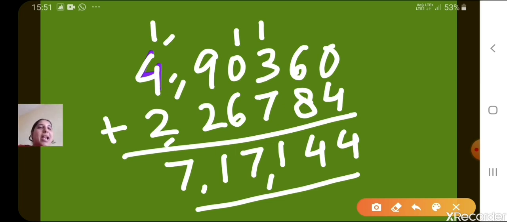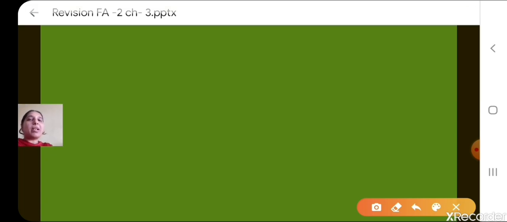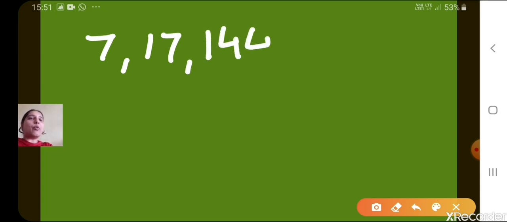So let's write this in words as well. So the sum obtained was 7. Do you remember the sum obtained? Yes, it was 7,17,144. So let's write that in words as well.